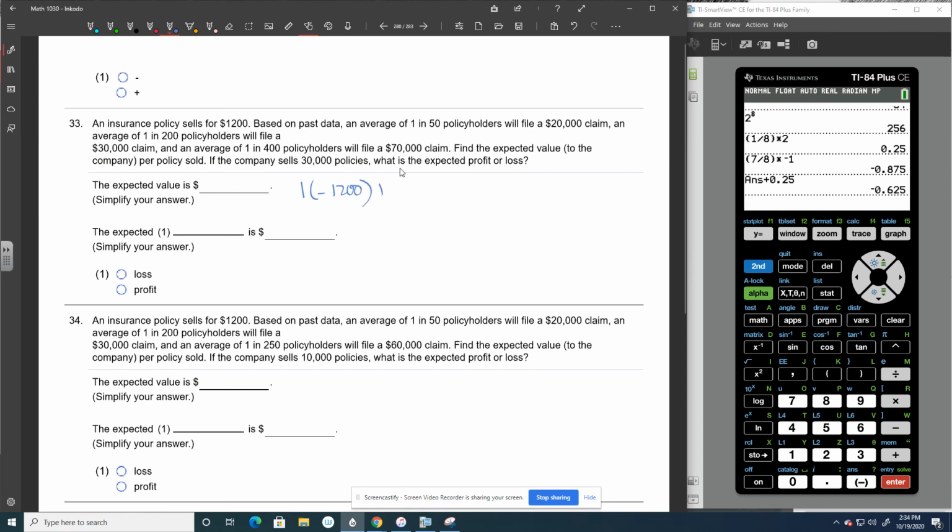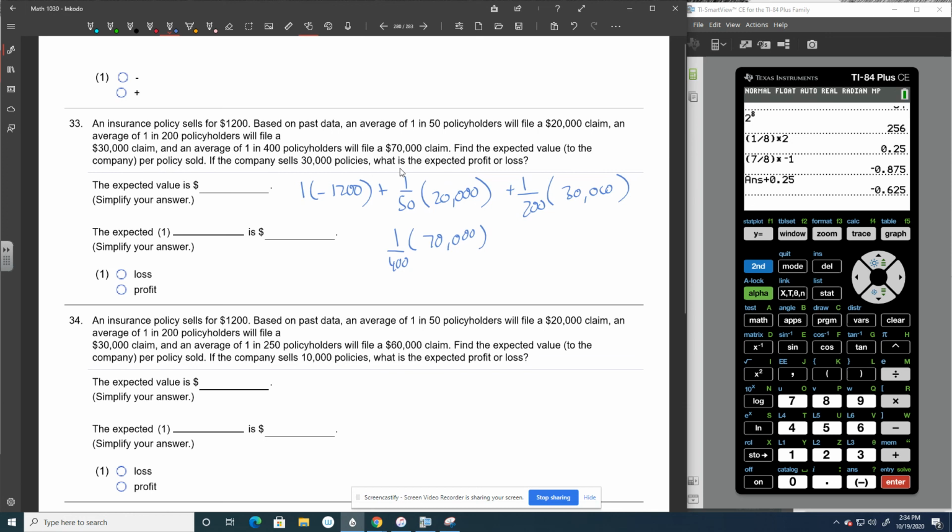So I've got to add that to 1 out of 50 policyholders getting $20,000, 1 out of 200 getting $30,000, 1 out of 400 getting $70,000. Find the expected value per policy sold.